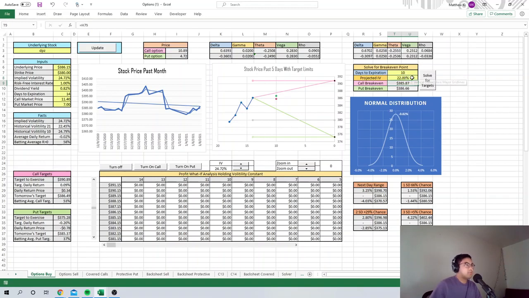So you can look at the chains. If I look at the chains right now, something expiring today for Domino's has an implied volatility that varies. For this exact option with a strike price of $380, it has an implied volatility of 23, so I'm just going to put it up to 23.